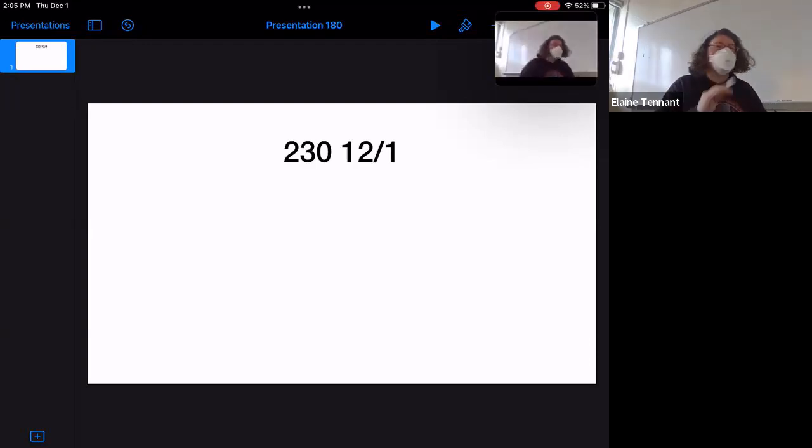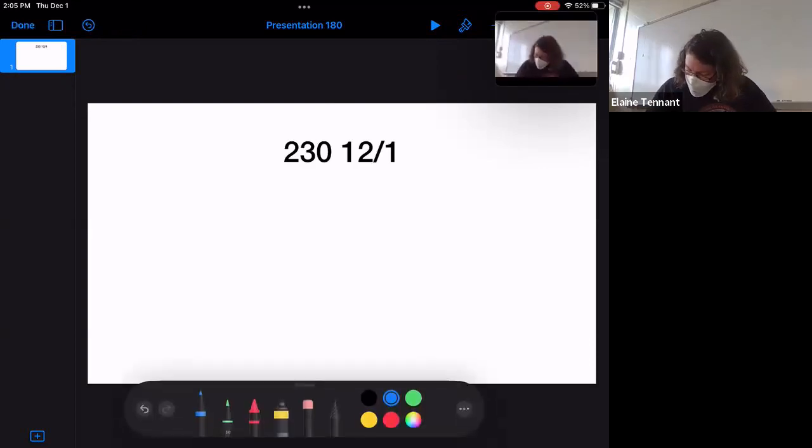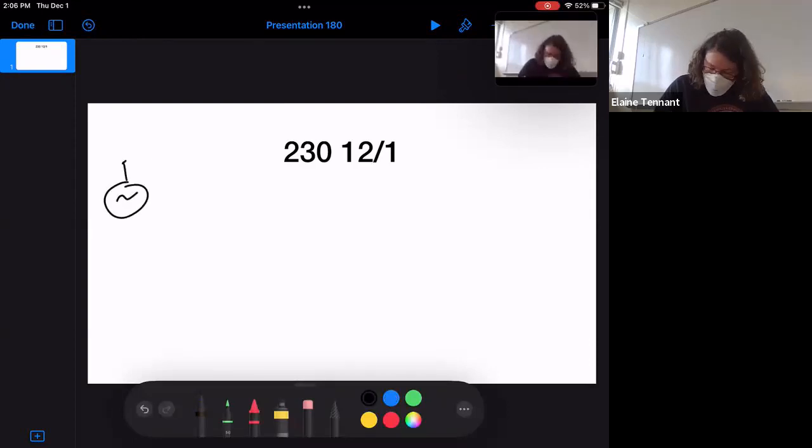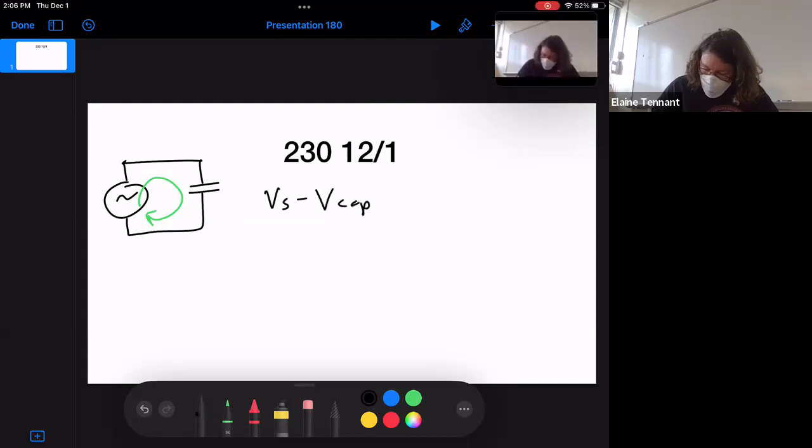Okay, where were we last time? We were talking about capacitors, right? We had our AC source hooked up to a capacitor like that. We went through our Kirchhoff loop and said the voltage of the source minus the voltage of the capacitor needed to add up to 0. Tell me if I'm not where I'm supposed to be, because I completely forget where we were.